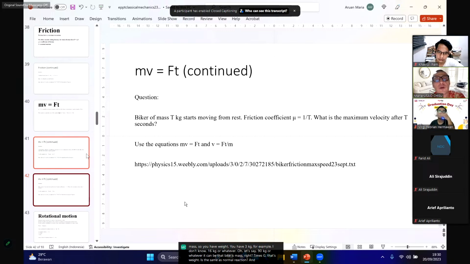And you have the mu coefficient; mu times the normal reaction is your friction force. Then the velocity is unknown, but you know the time. So you know force and time, and mass is also known. So you find the velocity from this formula. Any questions?